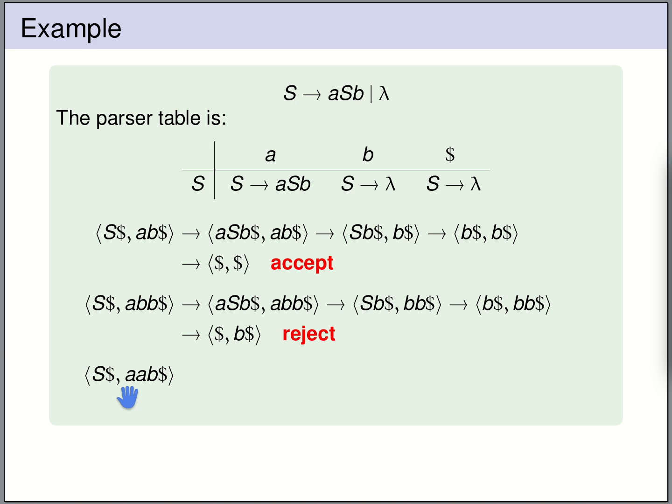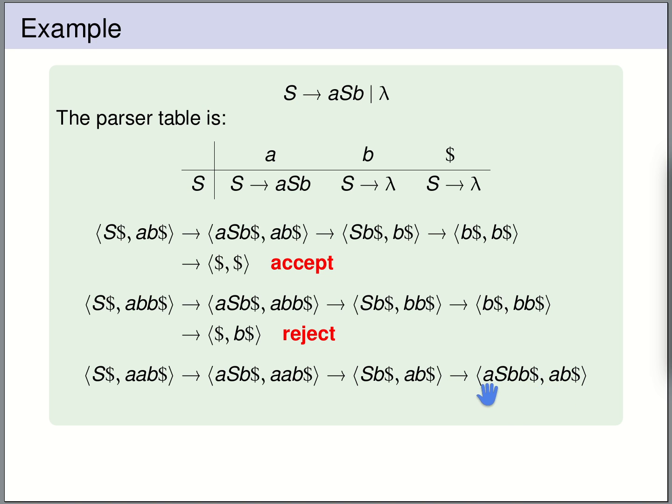Let's try one more input, namely let's try to parse AAB. So from S again we want to derive the input letter A. We look at position S,A in our table. We apply this rule to S. The A matches again. We drop the A. From S we want to derive again an A. So we again look at position S,A. We apply this rule to S. So we get ASBB$, AB$.